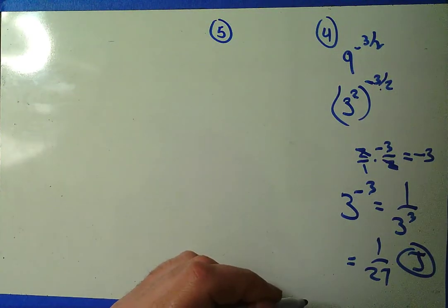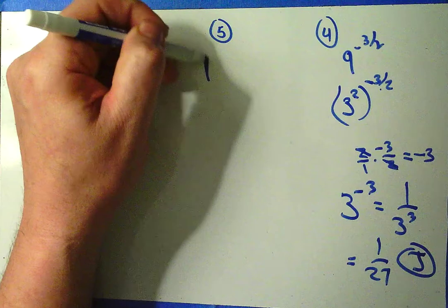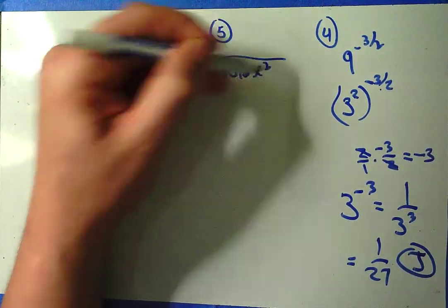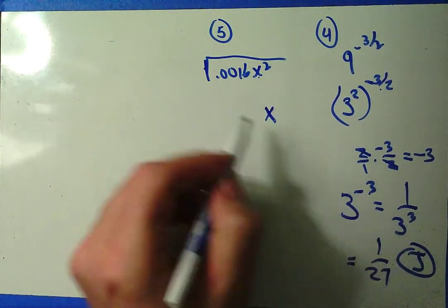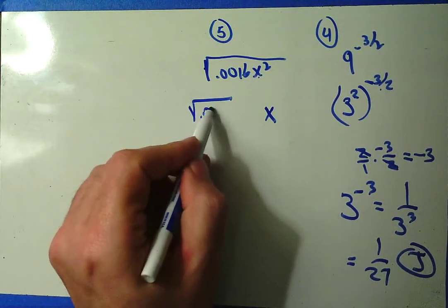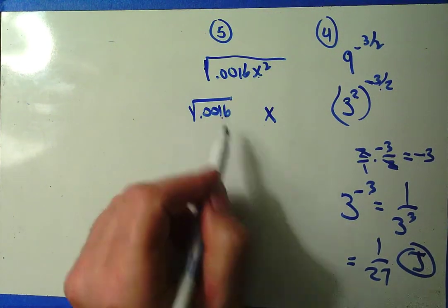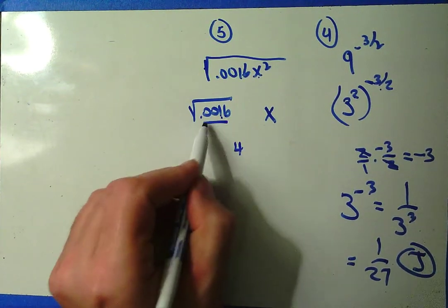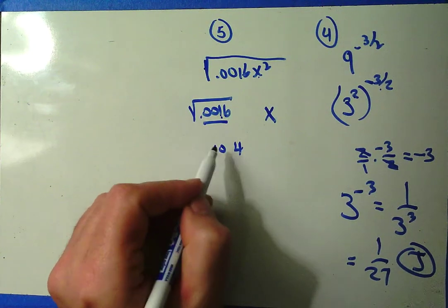5. Which of the following is equivalent to the square root of 0.0016x squared? Well, we know the square root of x squared is x. And the square root of 0.0016, well, that's the square root of 16, which is 4, times the square root of 10,000, which is 100.